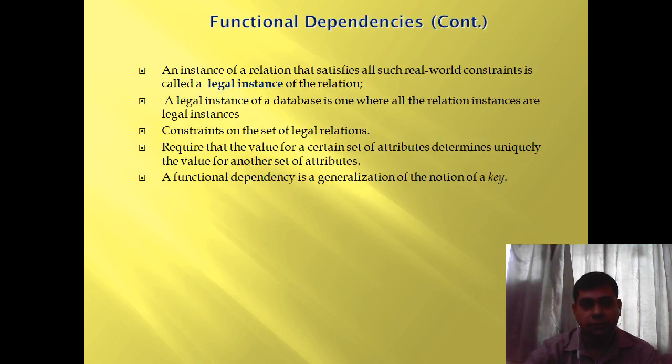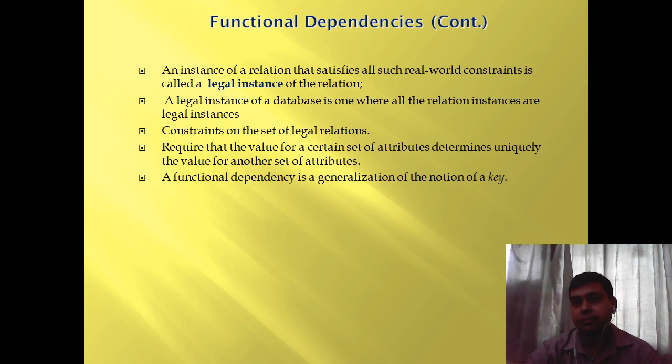Okay, an instance of a relation that satisfies all such real-world constraints is called a legal instance of the relation. And constraints on the set of legal relations require that the value for a certain set of attributes determines uniquely the value for another set of attributes.